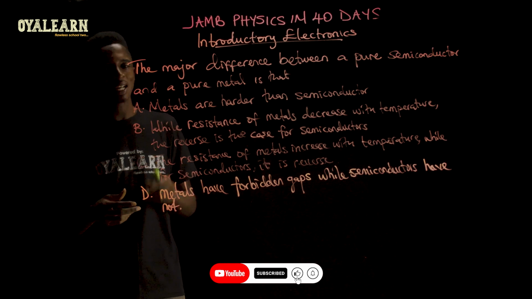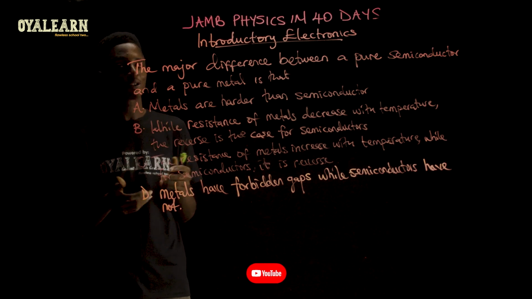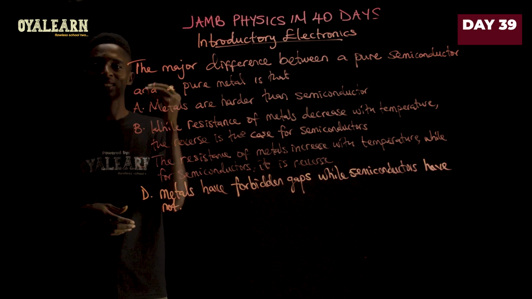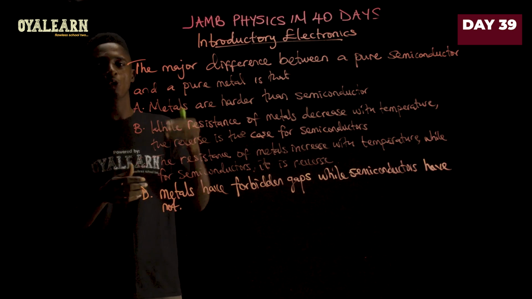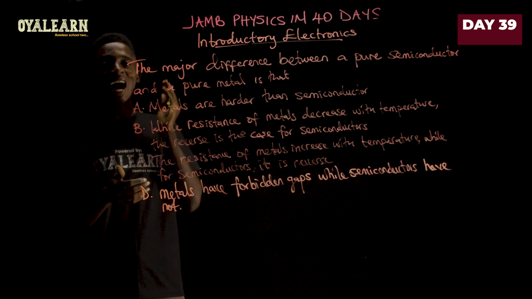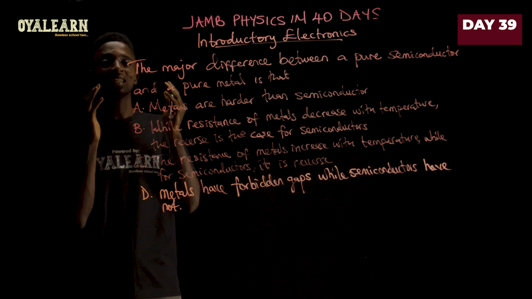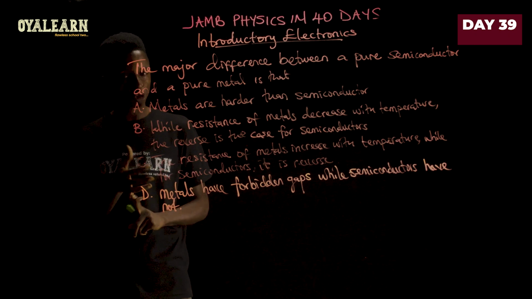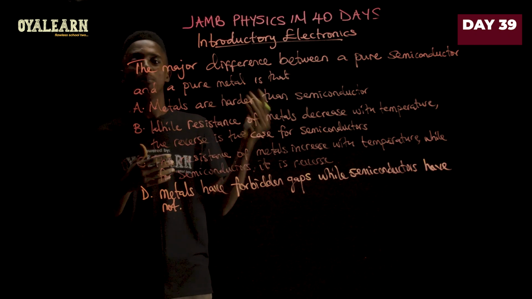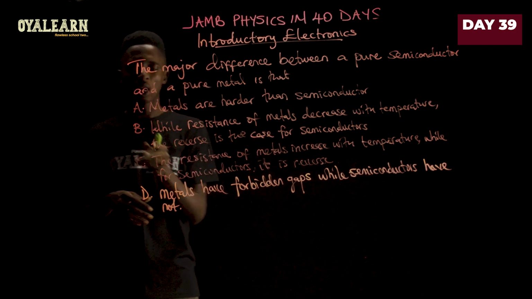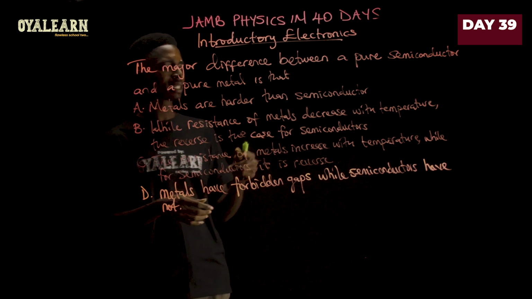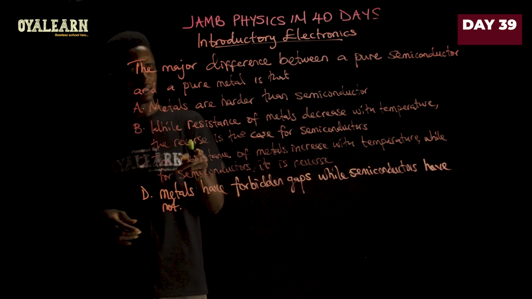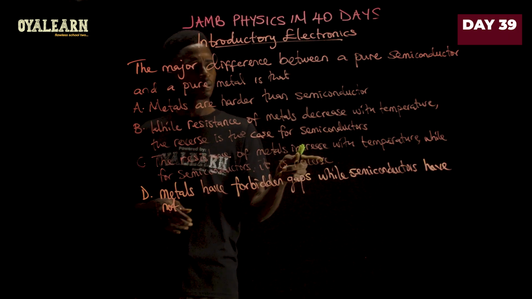And then secondly, there are some semiconductors that are actually harder than metals, like diamond, for example, which is an allotrope of carbon. It is the hardest material, okay, and it is harder than most metals. So that means this statement is also not true, just as much as it is not the major difference. Now, B says, while resistance of metal decreases with temperature, the reverse is the case for semiconductors.